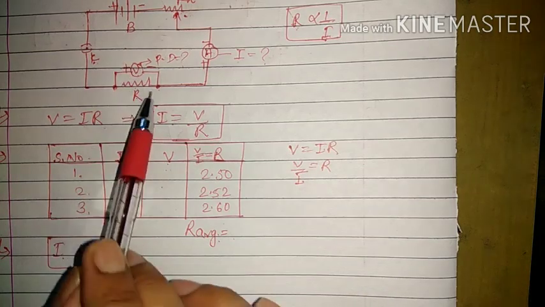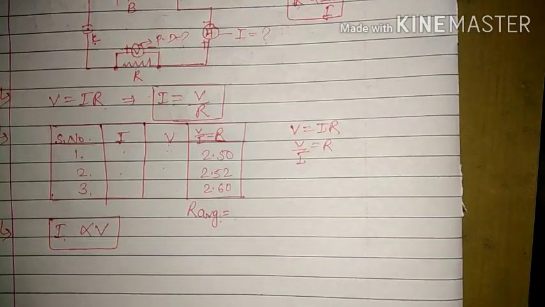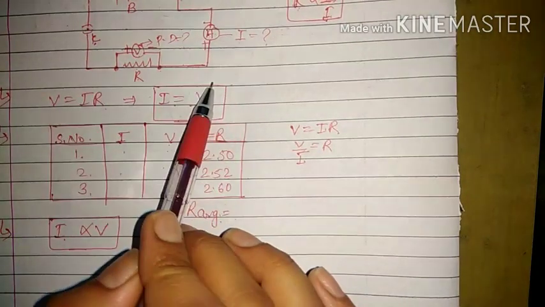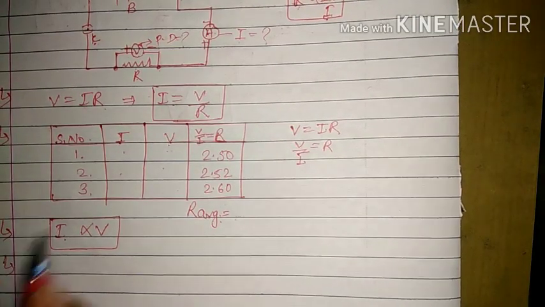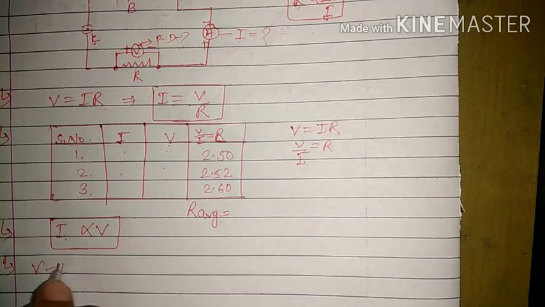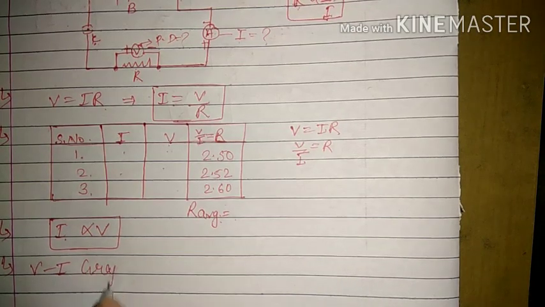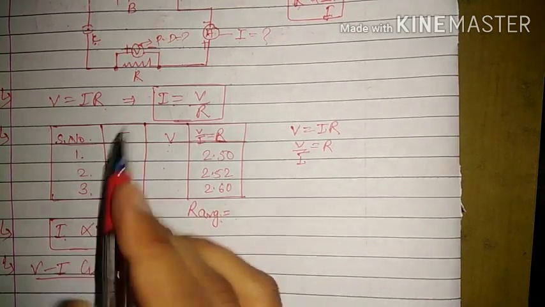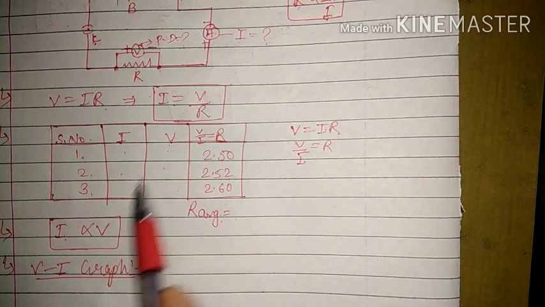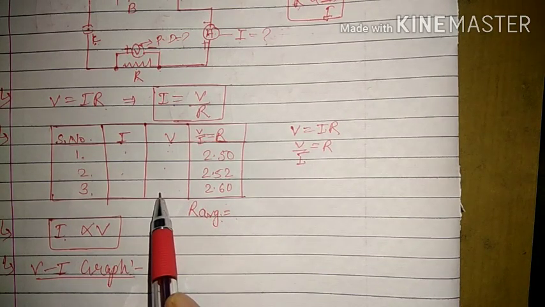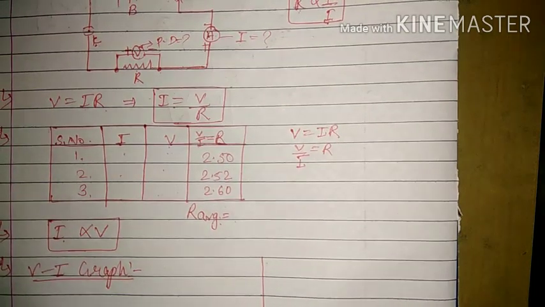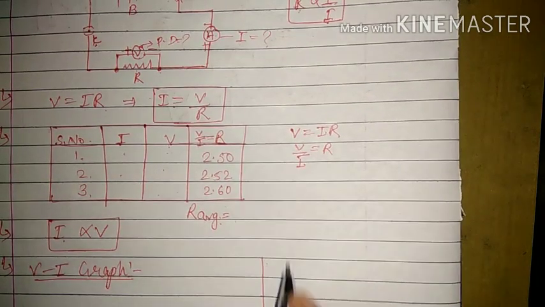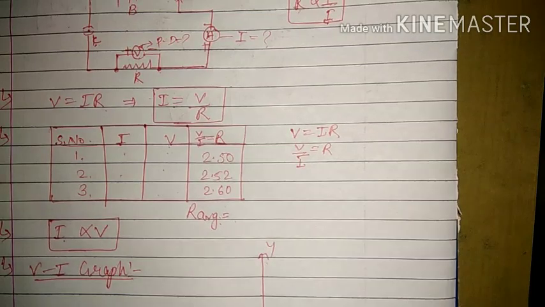Okay, now this is the experimental method, and now we have to see the graph between V and I. If we plot a graph between V and I, we have the value of current I and the value of voltage V. Now we can plot a graph between both the quantities, on the y-axis and x-axis.